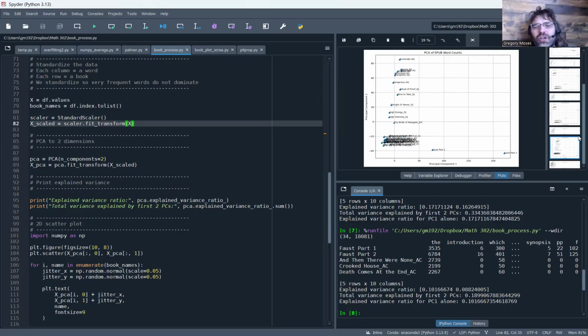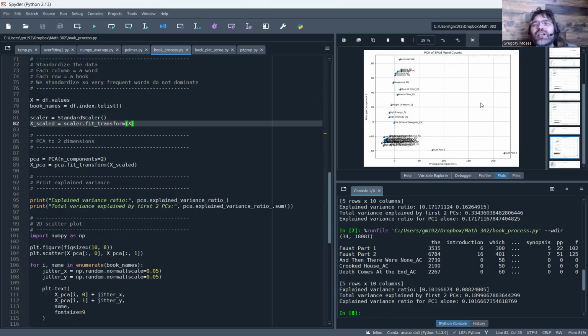Okay. So with all of this data, now I'm seeing what I was expecting to see earlier, which is that Faust Part 1 and Part 2 are quite different in the first principal component, but seem to be similar in the second principal component. One dimension is not necessarily enough to explain the data. Two dimensions are not necessarily enough to explain the data.